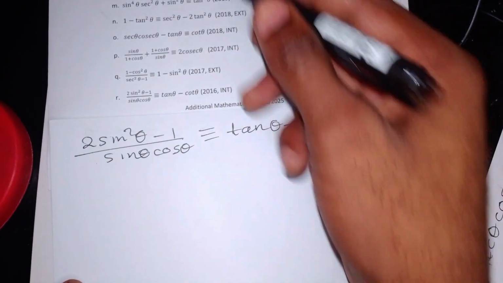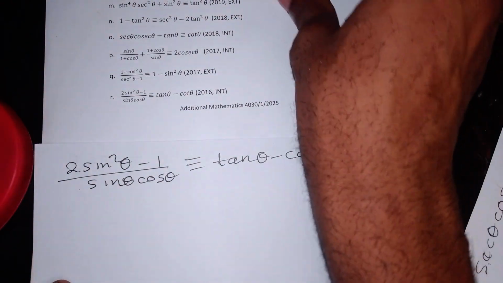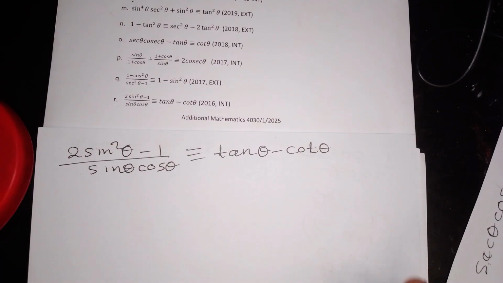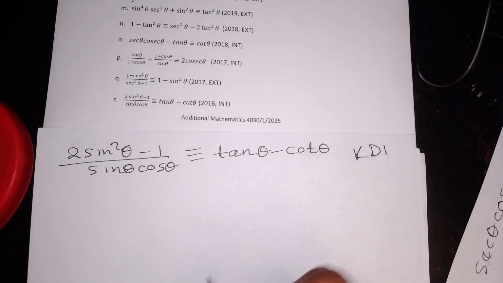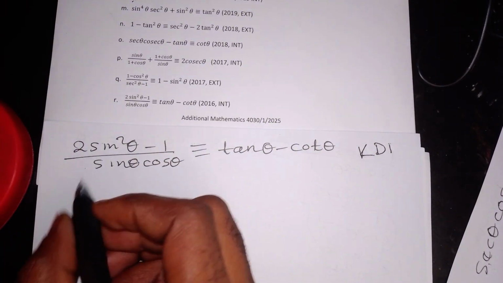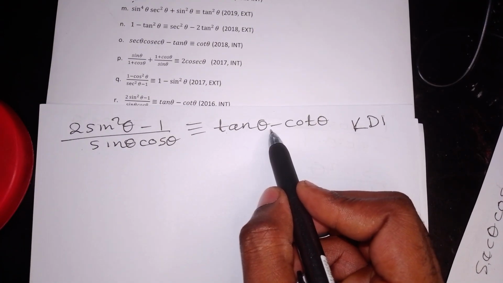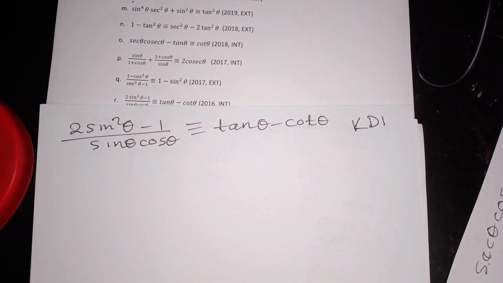So I got these questions from this PDF, which was compiled by Team High Standard. So we have this side, we have tan theta minus cot theta. Maybe it's better to use this, but we can still work with this to obtain that.